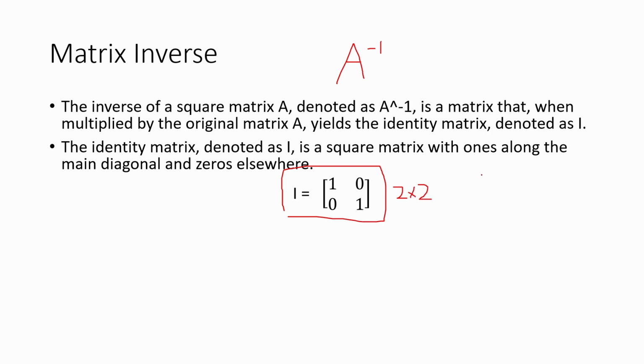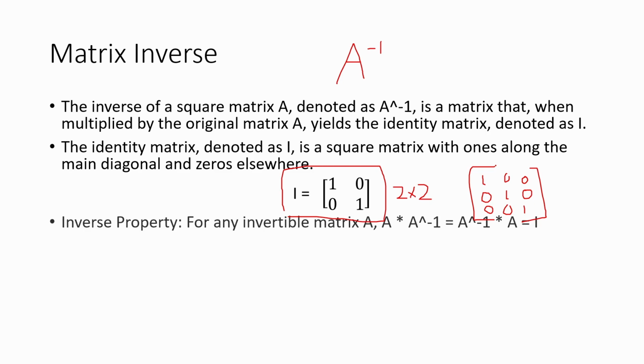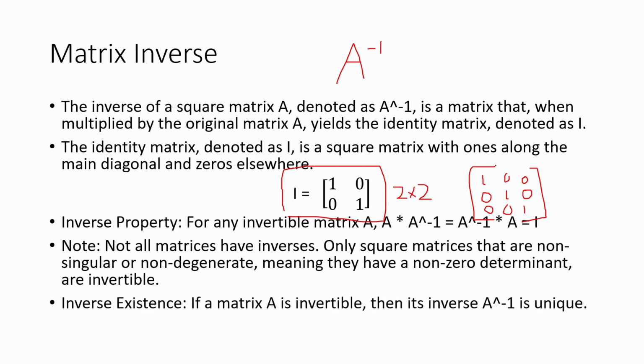And so on, we will move to the 3 by 3 matrix: 1 0 0, 0 1 0, 0 0 1. That's the 3 by 3 identity matrix. For the properties, you can read it by yourself later.